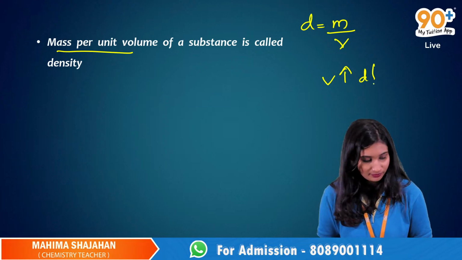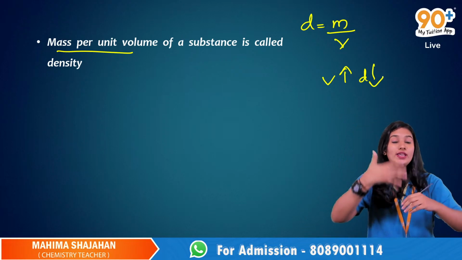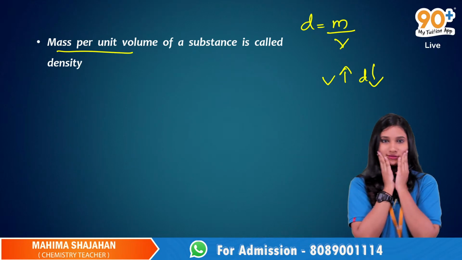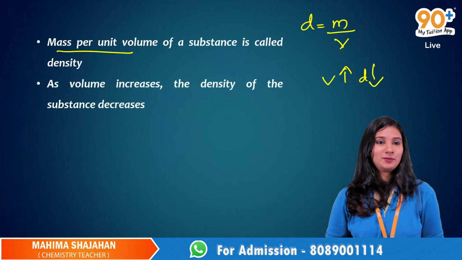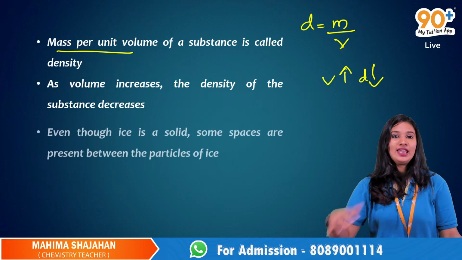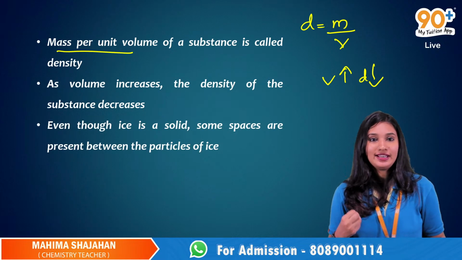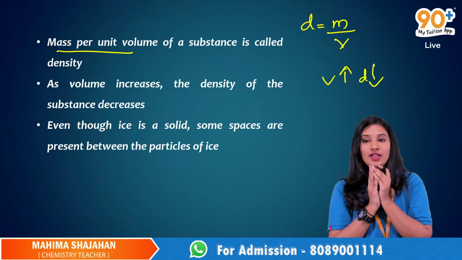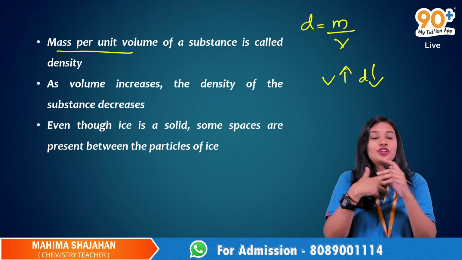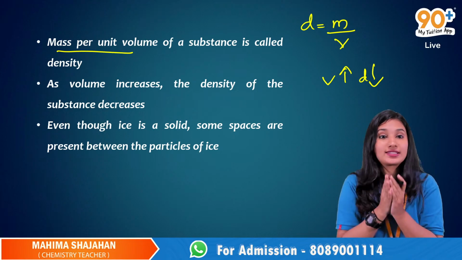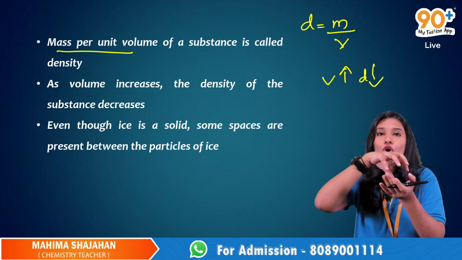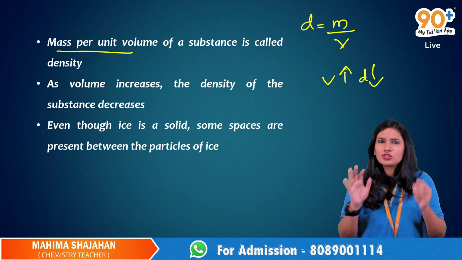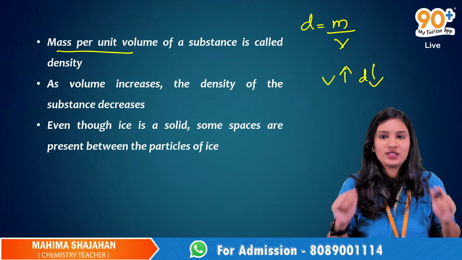Volume increase ചെയ്യുന്ന സമയത്ത് density will decrease. Okay. Is that clear? Now, ice in the case എടുക്കുകയാണെങ്കിൽ ice has a cage-like structure. Water solidify ചെയ്ത് ice ആവുന്ന സമയത്ത് it has a lot of spaces between the particles.